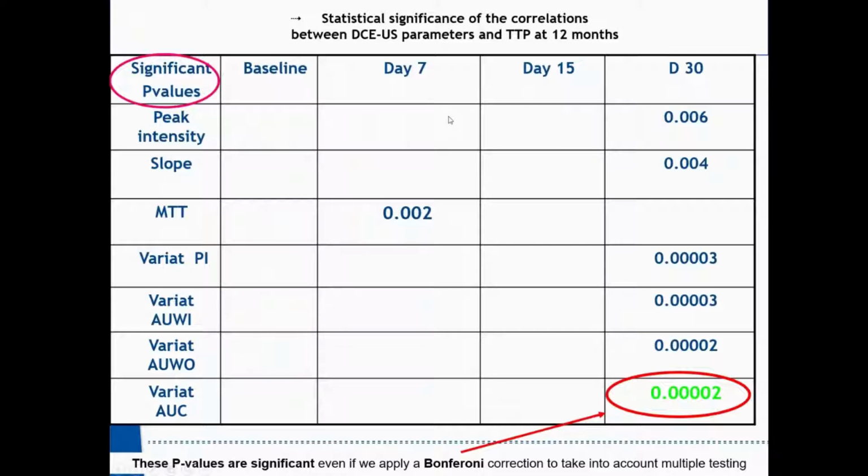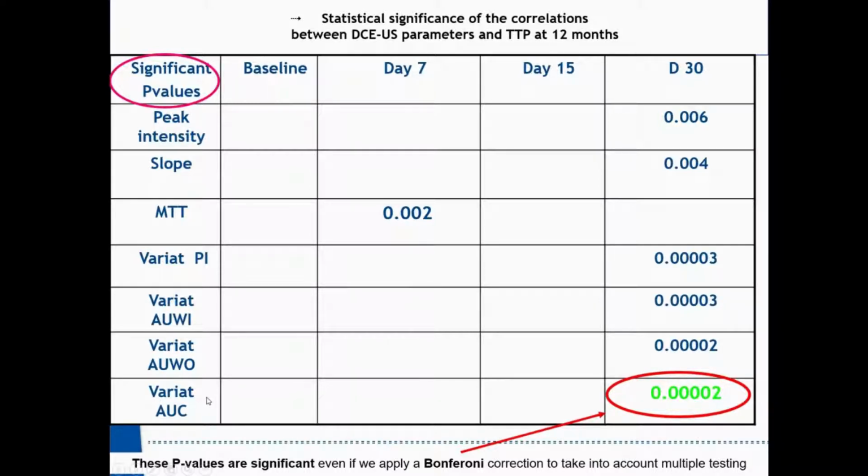Concerning the validation of scientific results, when we compared 7 parameters at baseline, as a prognostic factor, we had no results, and we had the validation at 1 month. Our goal was to validate the area under the curve, and we had significant results at 1 month.